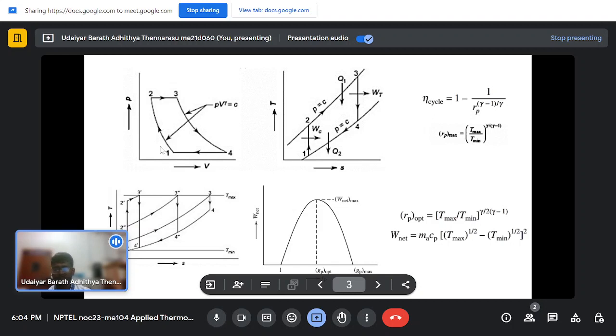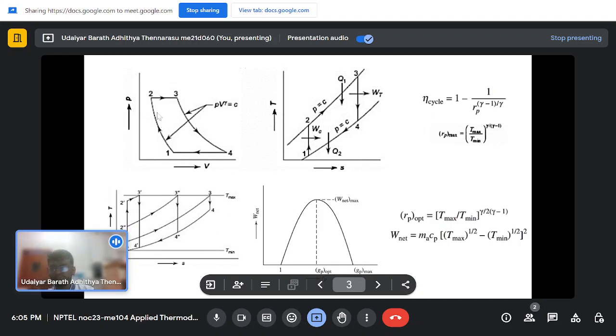After expansion, you are rejecting heat and going back in the cycle. This is an assumption we make, but in actual cases there are open cycles where after expansion you leave the gas out. So it's an exhaust, as happens in an internal combustion engine. As the exhaust will be at higher temperature and will have some energy, dumping that out is equivalent to doing a heat rejection.